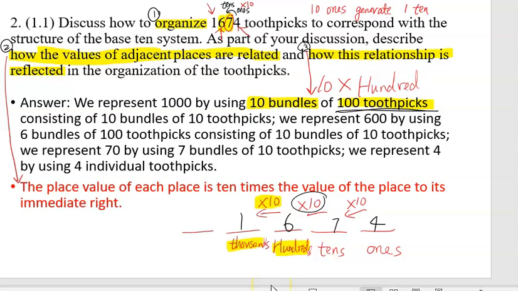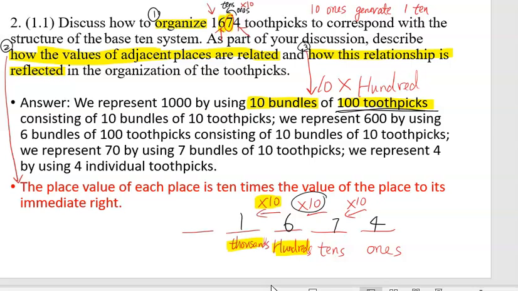So we have 6 bundles of 100 toothpicks, but each 100 bundle comes from 10 bundles of 10, similar to how we generated 1,000 toothpicks. Now 7 just means we have 7 bundles of 10 toothpicks.